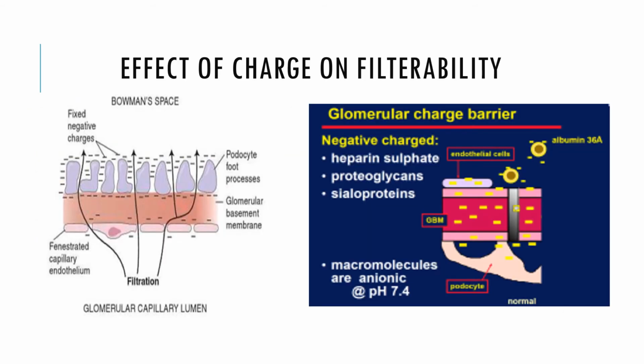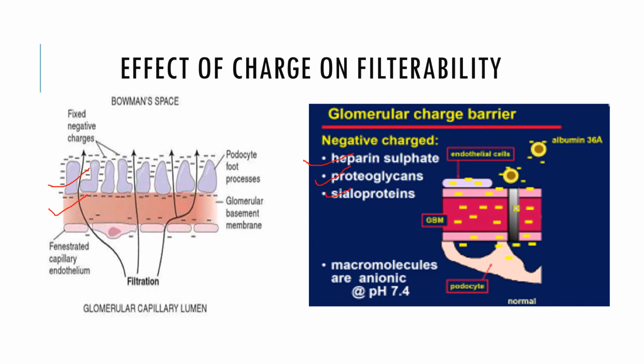Now, effect of charge on filterability. The glomerular filtration barrier consists of 3 elements: endothelial cells, glomerular basement membrane, and the epithelial podocytes. The latter 2 layers, that is the glomerular basement membrane and the podocytes, are covered with negative charges due to the presence of heparan sulfate, proteoglycans, and sialoproteins.